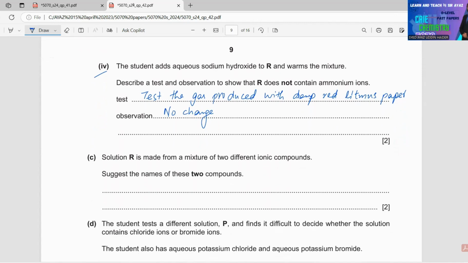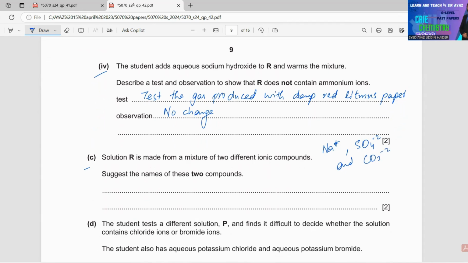C. Solution R is made from a mixture of two different ionic compounds. Suggest the names of these two compounds. So far, what ions are we having in this? We have sodium ion, that is Na+. Among negative ions, we are having sulfate ion, SO4 2-, and CO3 2-.